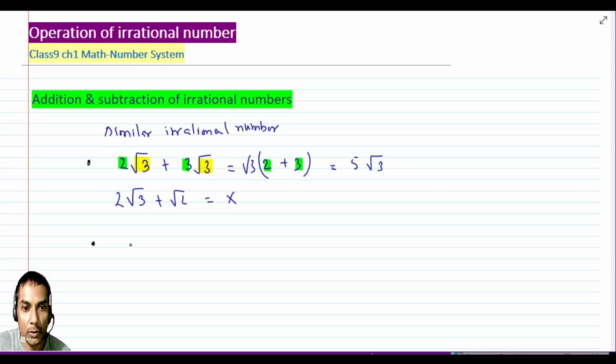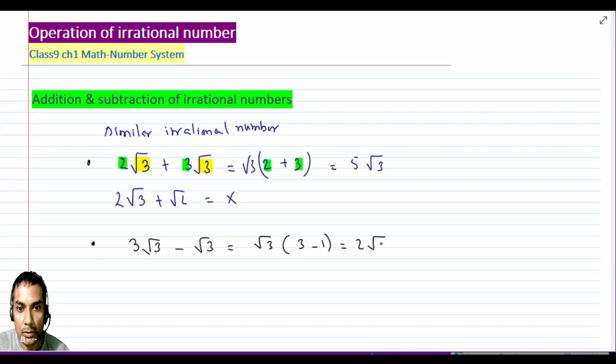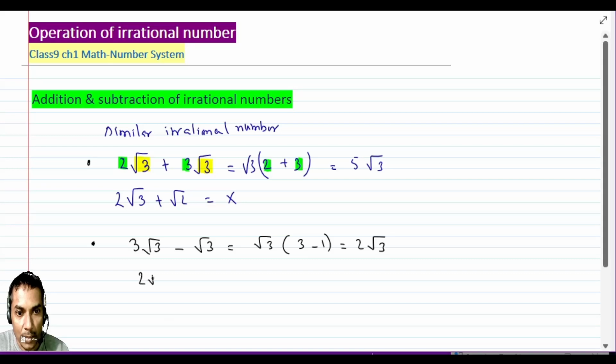If I tell you to subtract, 3 root 3 minus root 3, then you simply take root 3 common, then 3 minus 1 is 2, so 2 root 3. Clear? It is also possible, but it is not possible for unlike terms. For example, in the above example, if you do the subtraction, it is not possible. Clear?